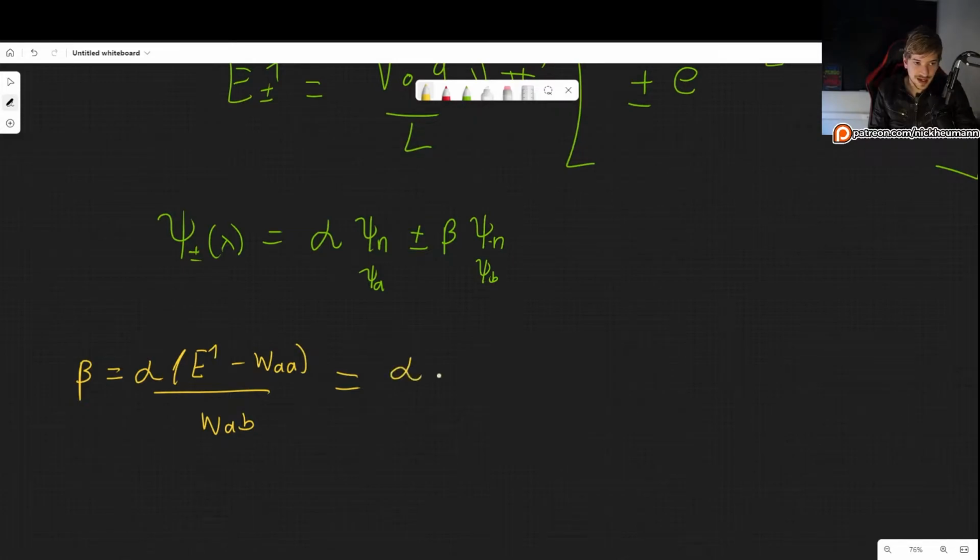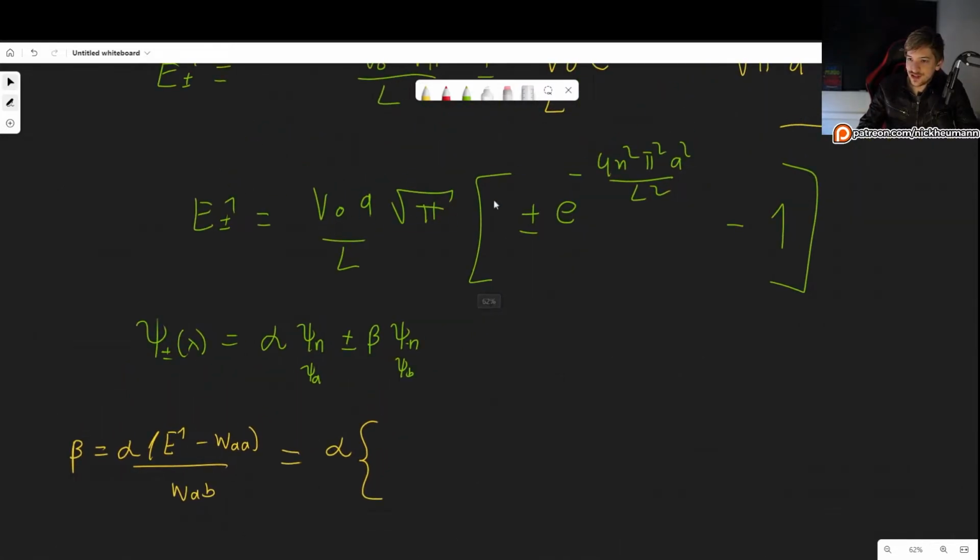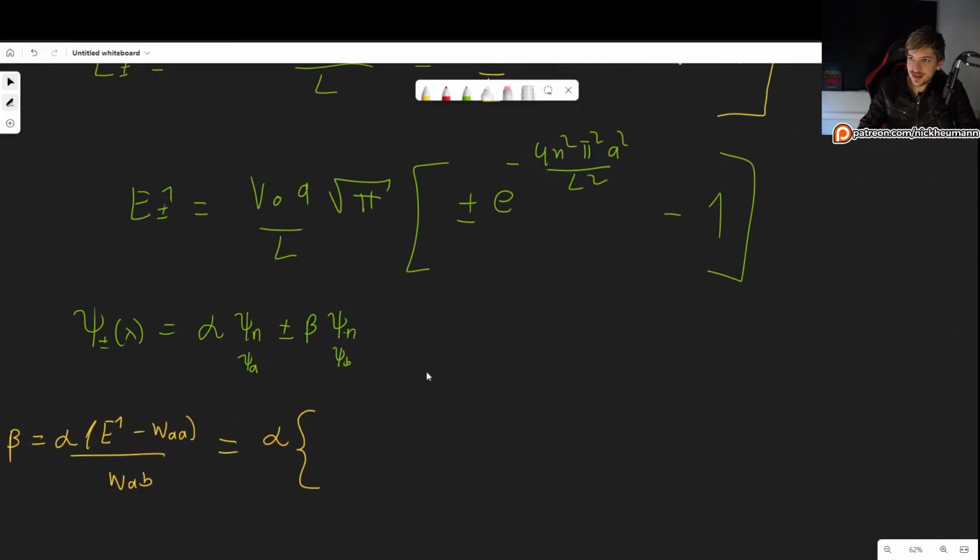So this is alpha. And then we have E1, which is that thing right there, which isn't the prettiest in the world, but it's all right. So E1, this is V0A square root of pi over L, and then we have to multiply this by plus or minus e to the minus 4n squared pi squared a squared over L squared minus 1.